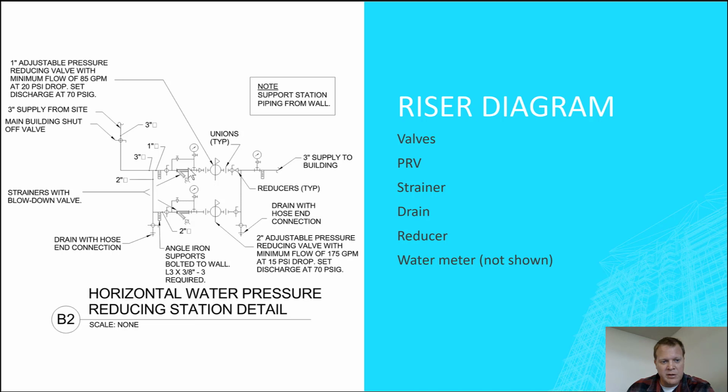I've got a strainer up here on this line. I have no idea design-wise as to why they split these, but they did, and they have an adjustable pressure reducing valve with 175 GPM at 15 psi drop with a discharge of 70 psi on this line. So we have 75 GPM at 70 psi.